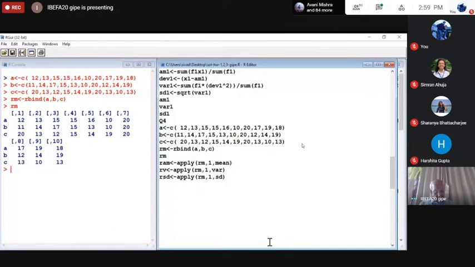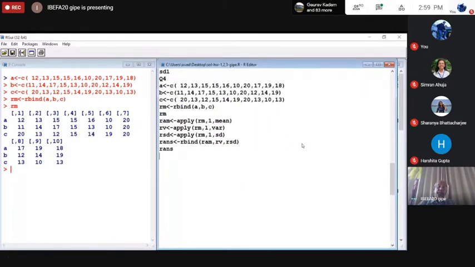Now the matrix answer. Row-wise answer: rbind of RAM, R variance, R SD. Answer. Finished. R stands for row. Row means division.